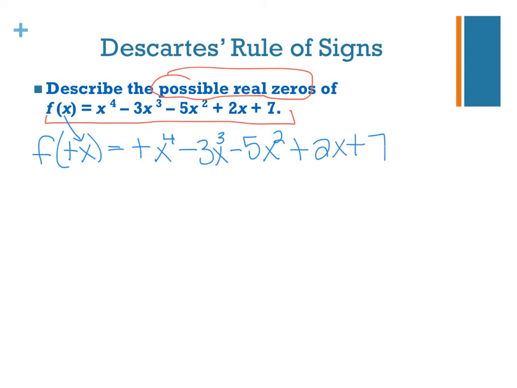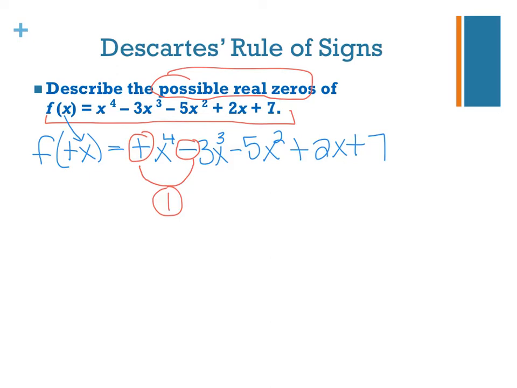If we look at this, starting with the first term, we have a sign change moving from the first term to the second term, because it goes from a positive x to the fourth to a negative 3x cubed. We change signs because the first term is positive and the second term is negative. So we have one sign change.